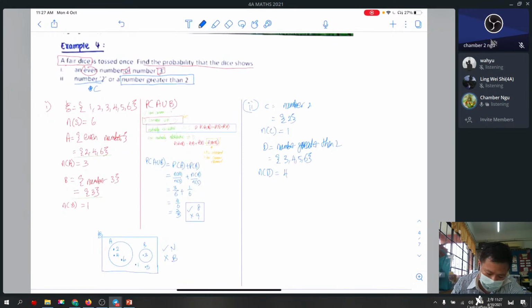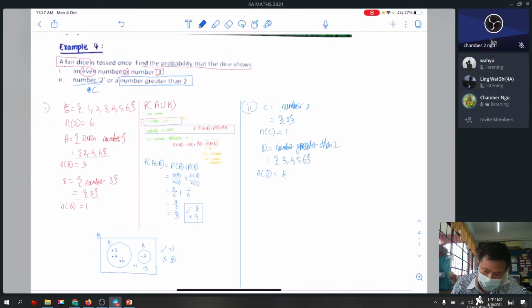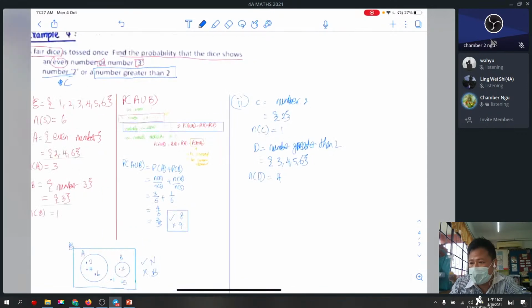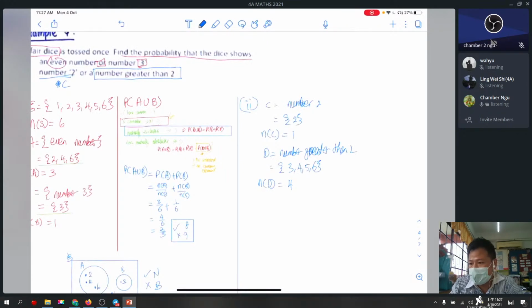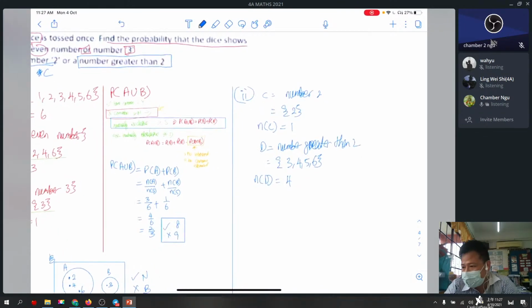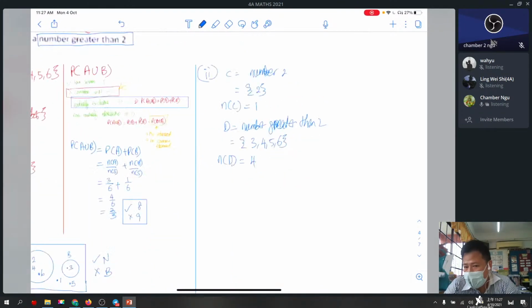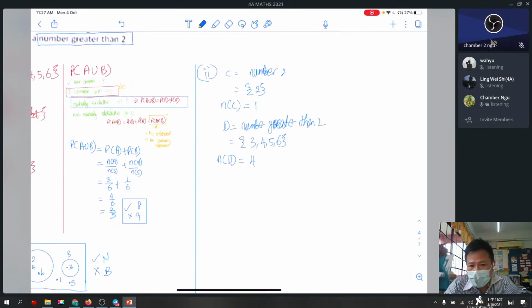Now try to study. Is there any number that is a common number? Do you have any common element here? Yes or no?